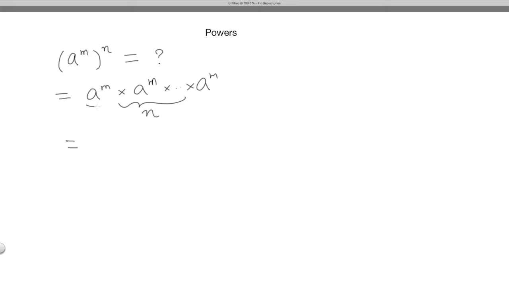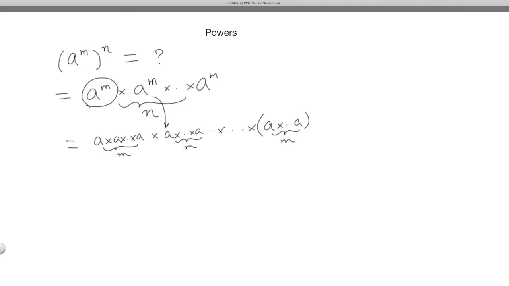But now a to the power m itself is defined as a times a times a, m such a's multiplied together. Similarly for this one, a times a, m such a's multiplied together, and so on. The last one is a times a, m such a's multiplied together. Let's put parentheses to differentiate: this corresponds to this term, this corresponds to this term, and this corresponds to this term.